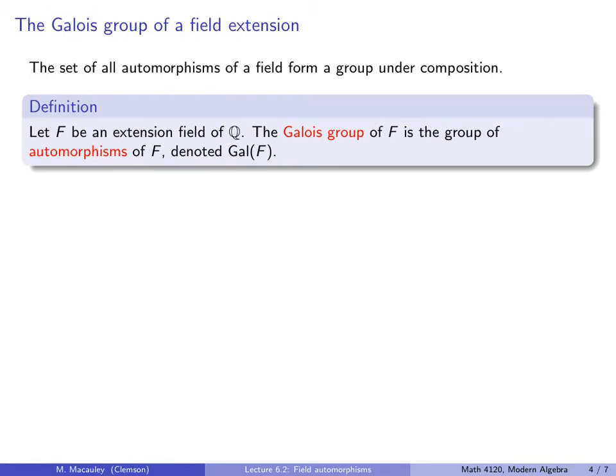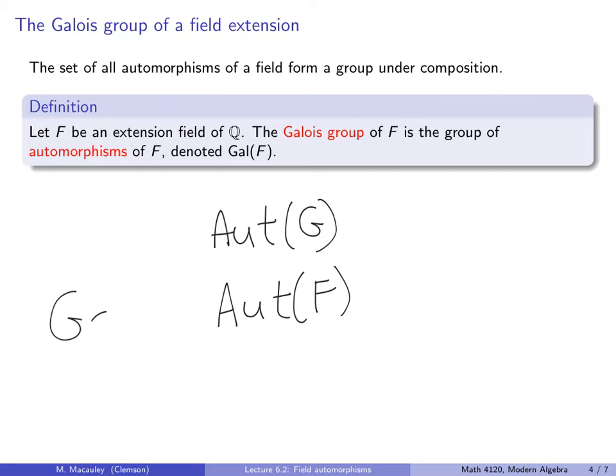Let's let F be an extension field of Q. The Galois group of F is the group of automorphisms of F, and we denote this as Gal of F, or just the Galois group of F. So for groups, we called it the automorphism group of G, and here I guess we could define the automorphism group of F, but we are going to call this the Galois group of F and define that to be the automorphism group.